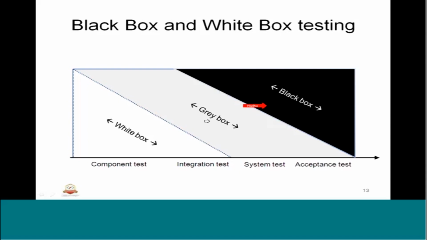However, there is a boundary between these two. A gray box tester partially knows the internal structure, which includes access to the documentation of data structures as well as the algorithms.